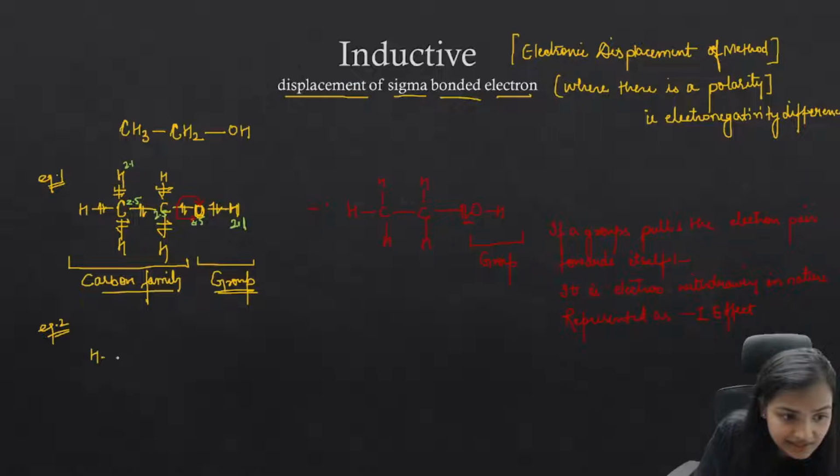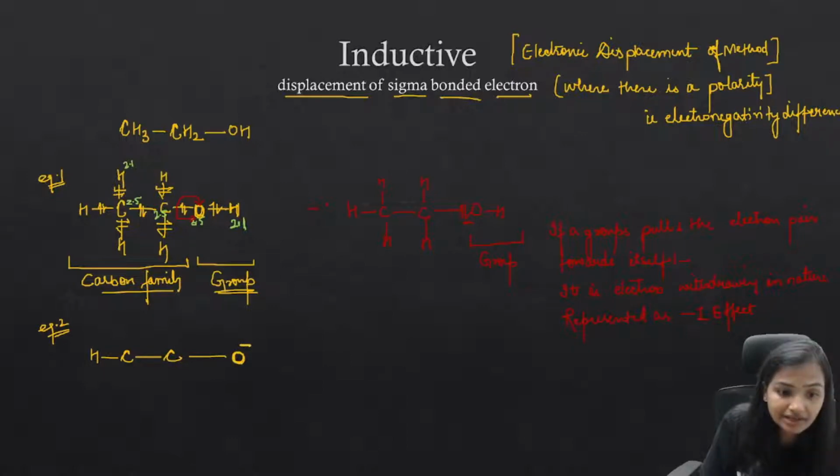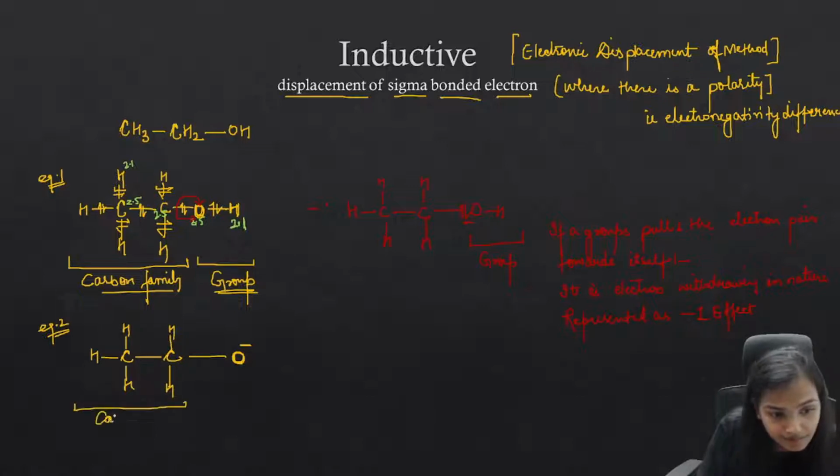Guys, now we can see that if we have a carbon family, this is my carbon family, and here I have O negative. So this is the carbon family with carbon hydrogen bonded pairs of electrons, and I have to compare this with this group.